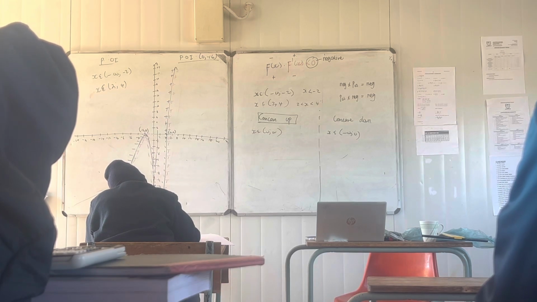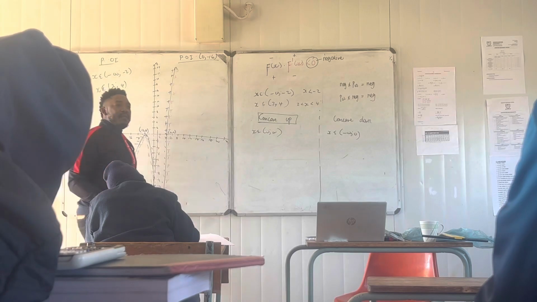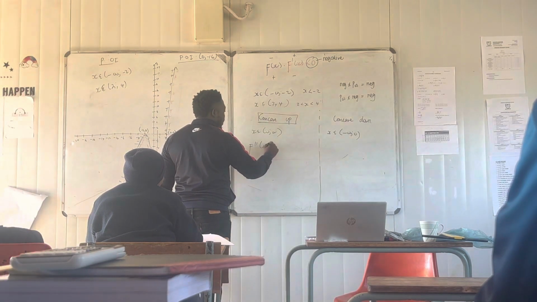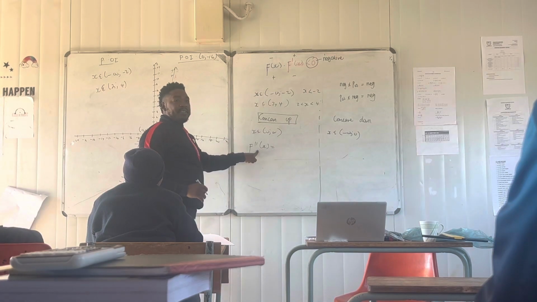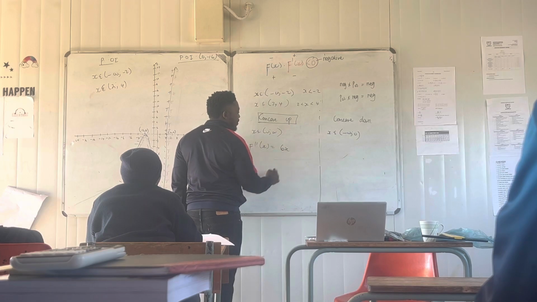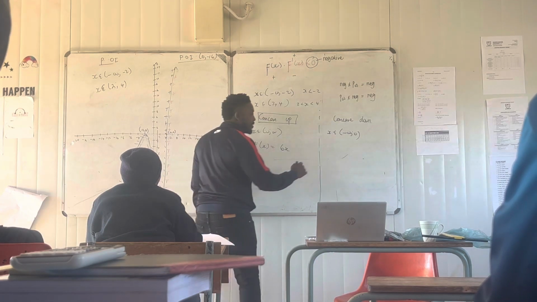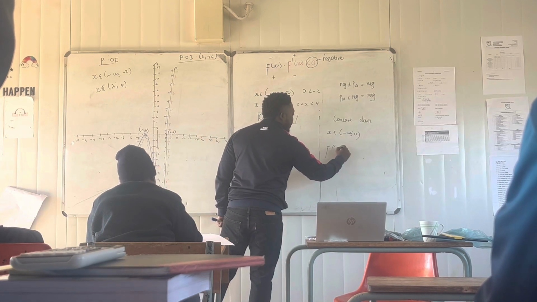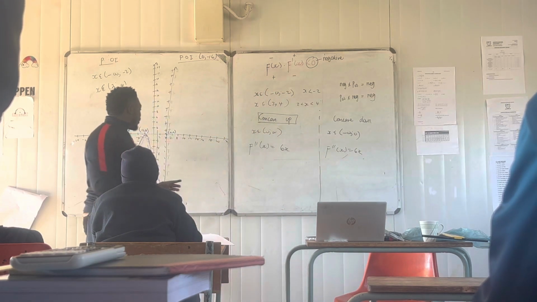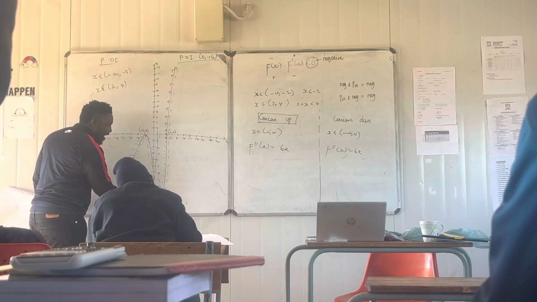Understand? Now let me take my second derivative for this function, which was 6x. I want us to check something. I want us to take all the values that are less than 0.